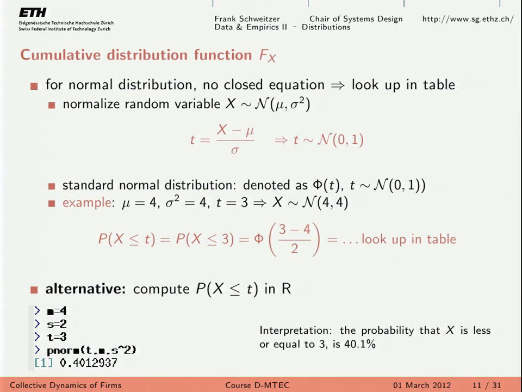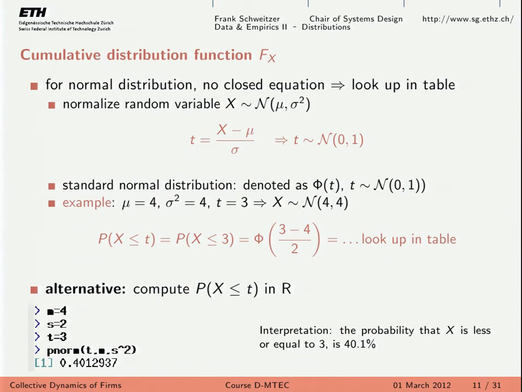In order to look it up in a table, we face a problem. Of course, we have a particular mu and we have a particular sigma square. So they will not be able to print tables for all sorts of mu's and all sorts of sigma square, right? Therefore, we have to normalize this distribution.